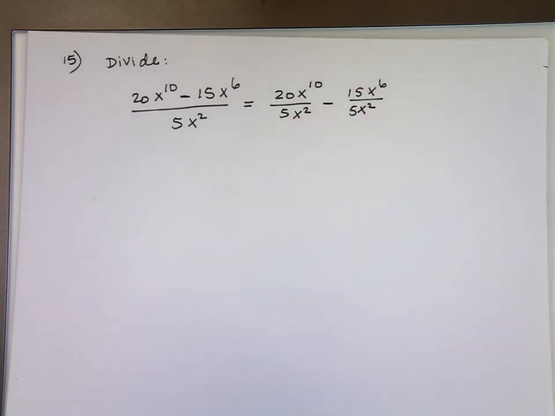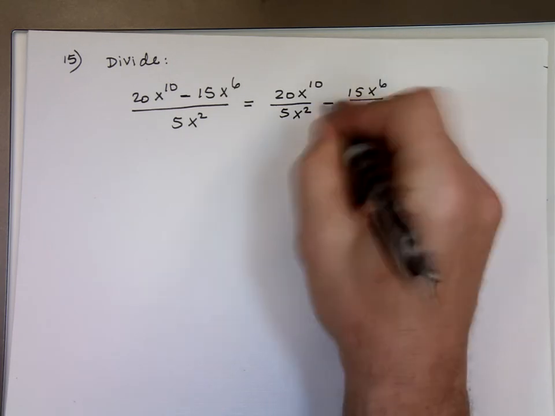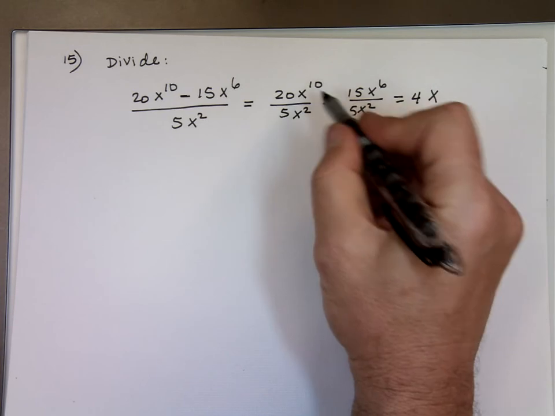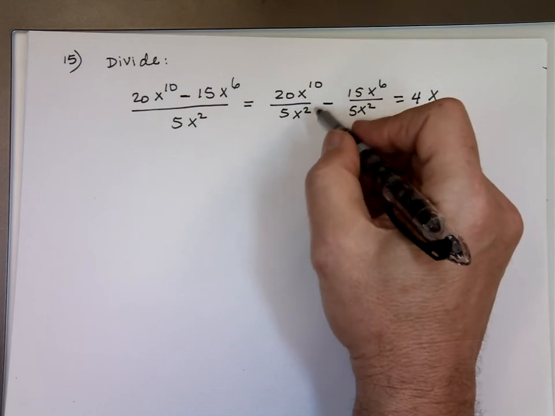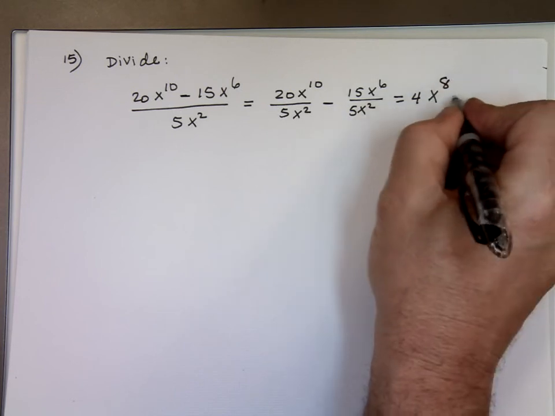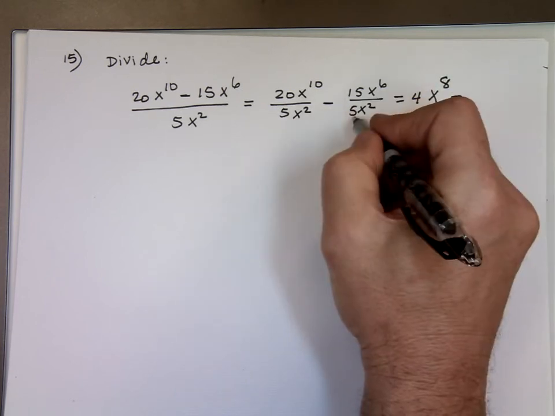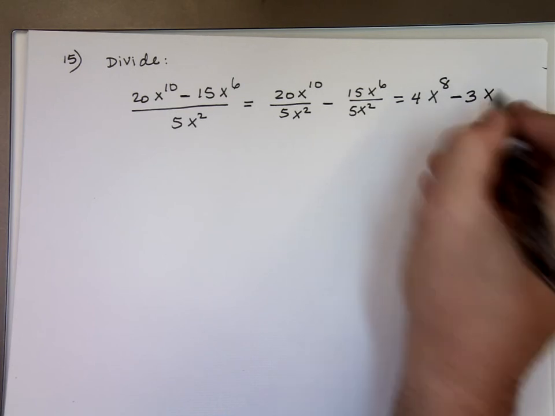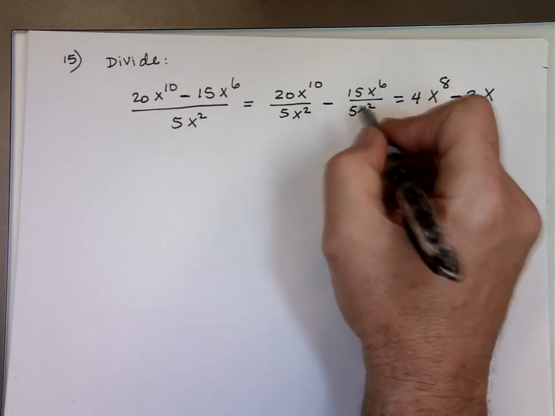What's 20 divided by 5? X to what power? When you divide, you subtract the exponent. 10 minus 2, which is what? 8. 15 divided by 5? 3x to what power? 6 minus 2, which is 4.